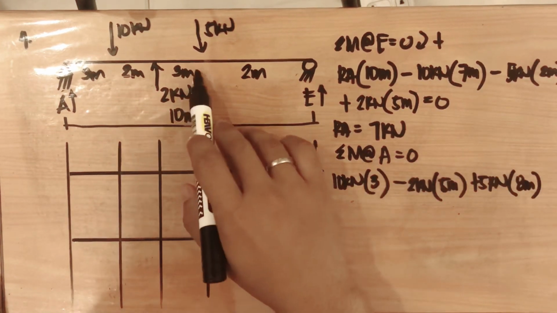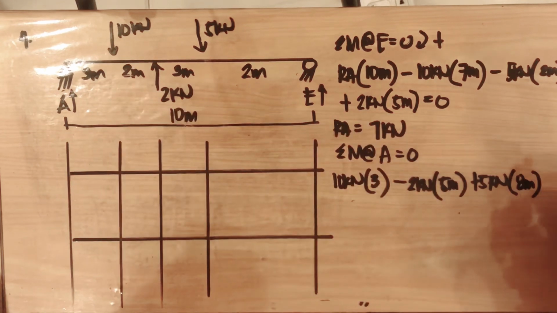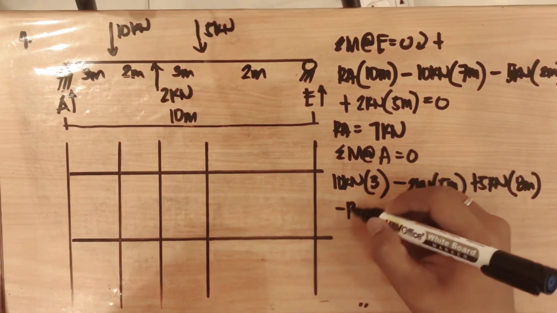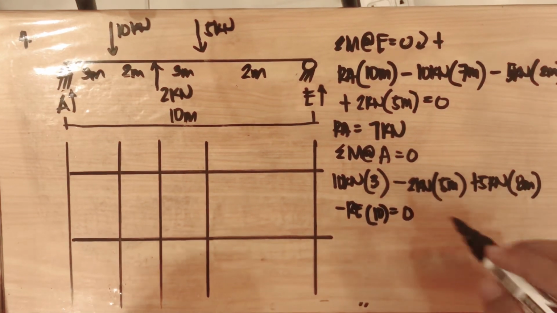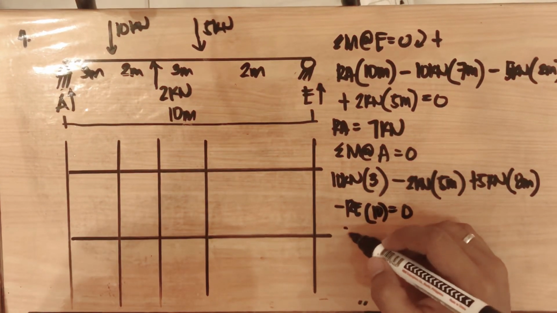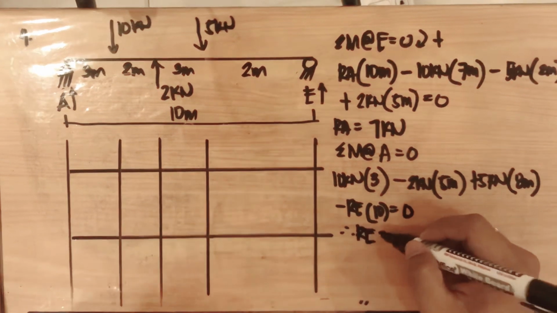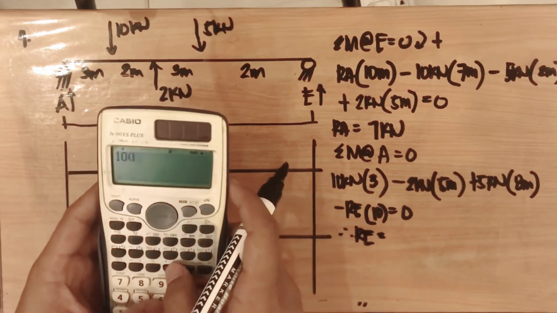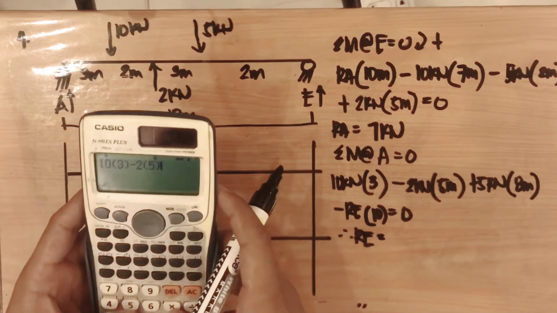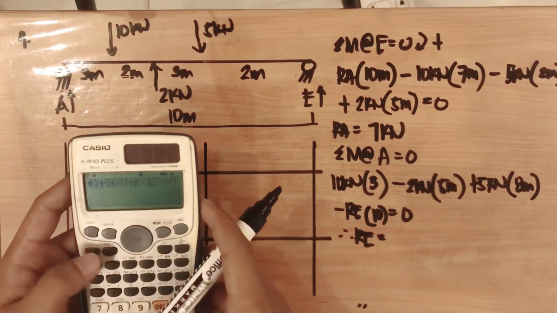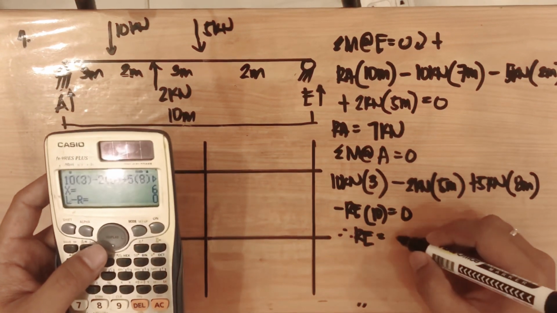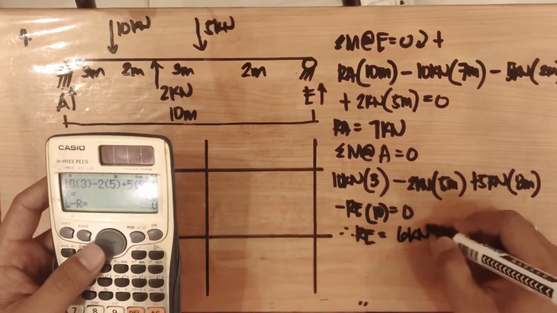But 8 meters? 3, 5 plus 3 is 8 meters. Minus RE times 10 equivalent to 0. So ilan yung value natin for RE? 10 times 3 minus 2 times 5 plus 5 times 8 minus RE times 10 equivalent to 0. So RE natin is equivalent to 6 kilonewton.